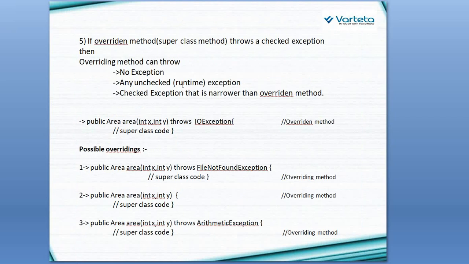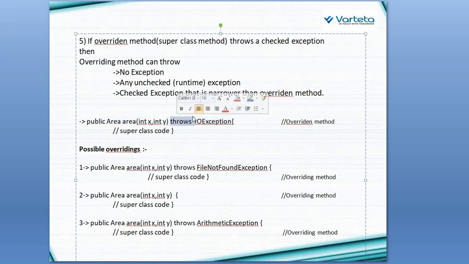Next rule is related to exceptions. If a method in the superclass is throwing a checked exception, here the area method is throwing IOException with the throws clause, what are the possibilities for the overriding method?